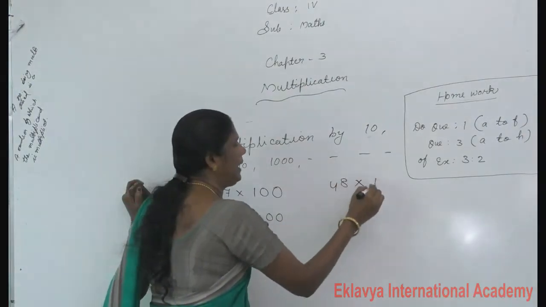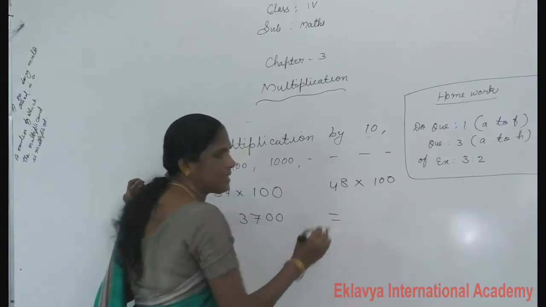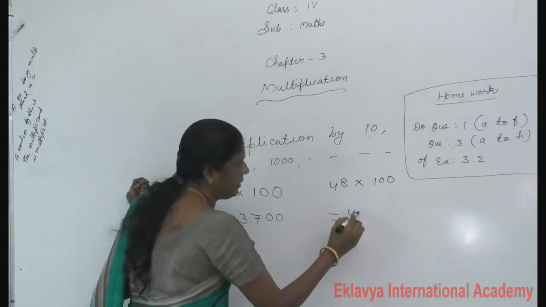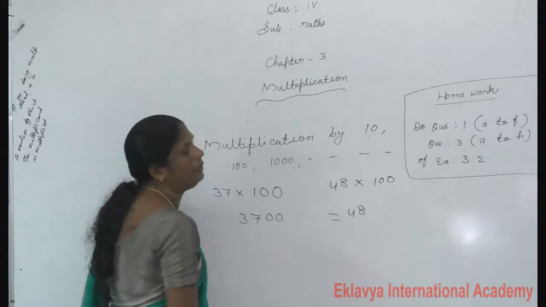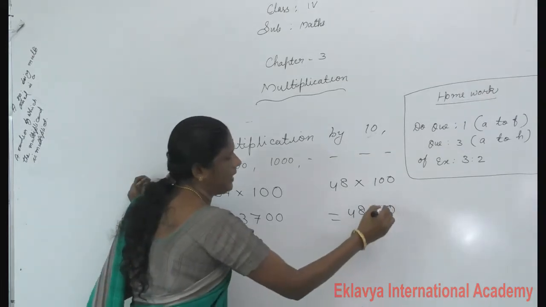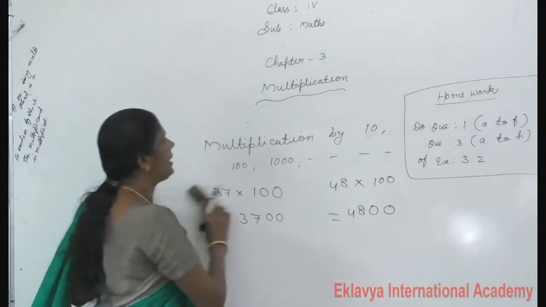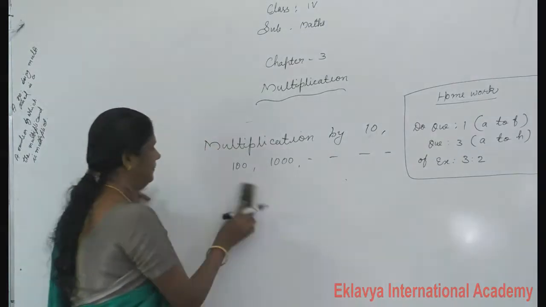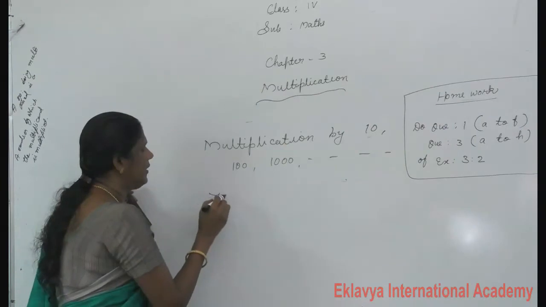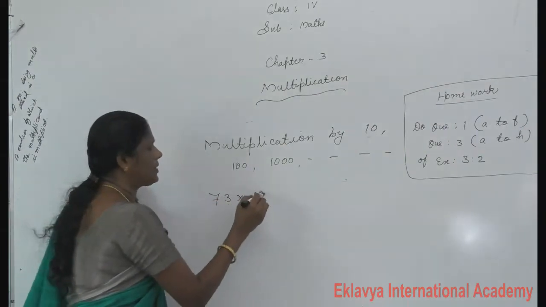48 multiply 100. What is the answer? 48, and how many zeros to put? 2 zeros on the right hand side of the number. Understand? Then multiply by 1000. 73 multiply 1000.